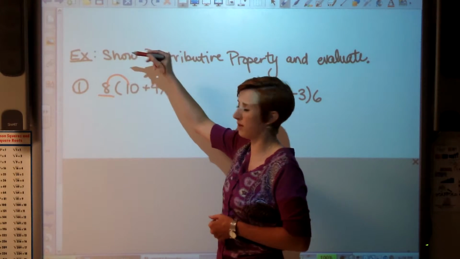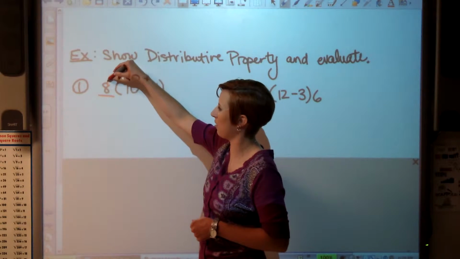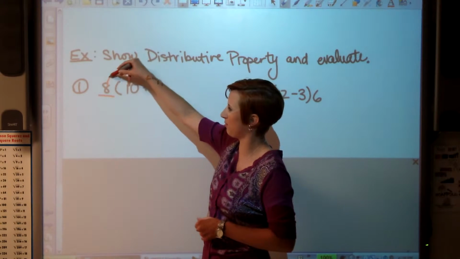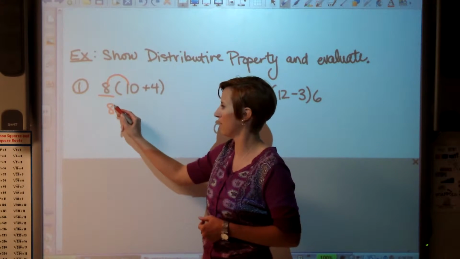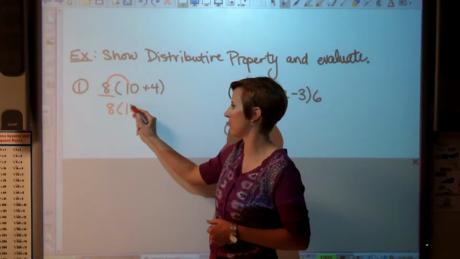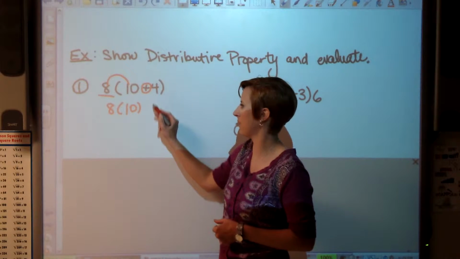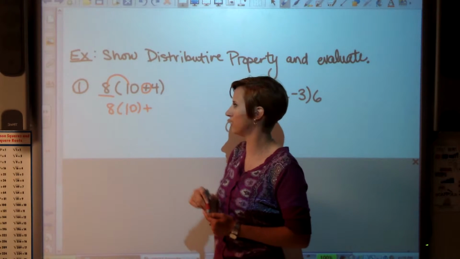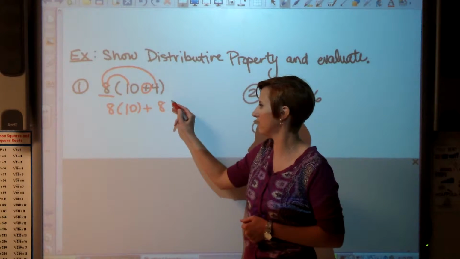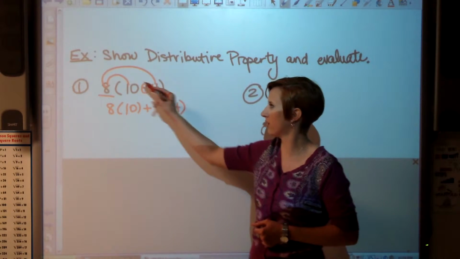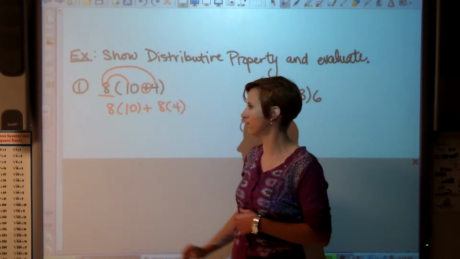I call this showing the rainbow because where I make my arches into the parenthesis, it'll eventually look like a rainbow. So 8 times 10. Remember, I use a parenthesis here, so 8 times 10. Drop down my plus sign, and then show the rainbow again. 8 times 4. So 8 times 4.